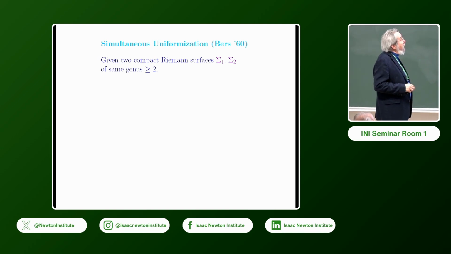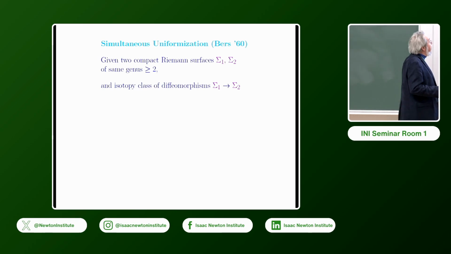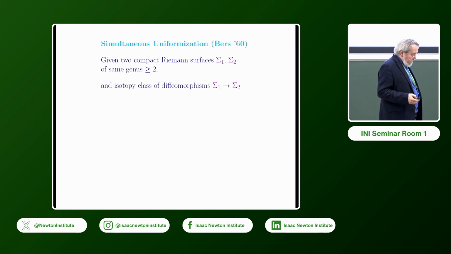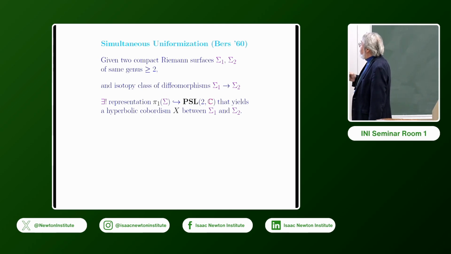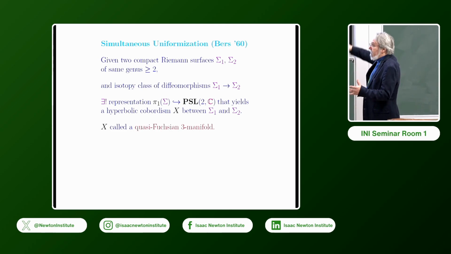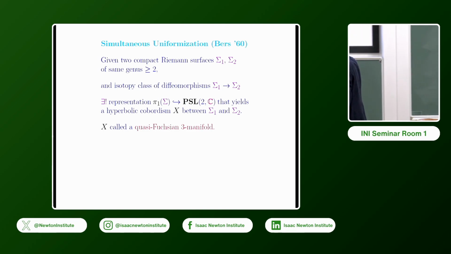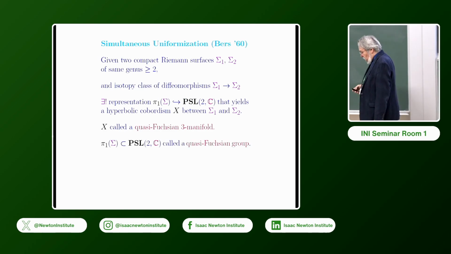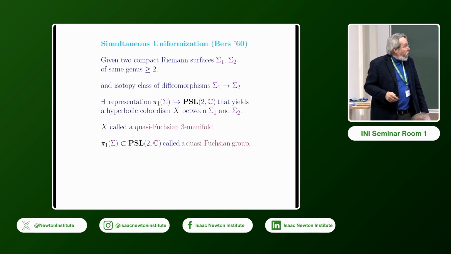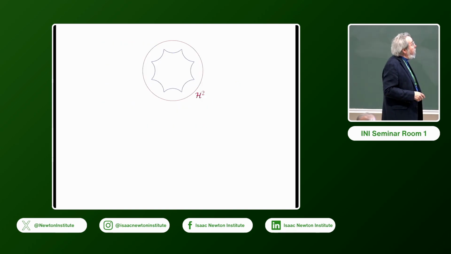If you have two compact Riemann surfaces of the same genus, and you choose an isotopy class of diffeomorphisms from one to the other, then you can construct a hyperbolic three-manifold, which is essentially unique, which has those two Riemann surfaces as the boundaries. That's called a quasi-Fuchsian three-manifold, and the group action associated with it is called a quasi-Fuchsian group.